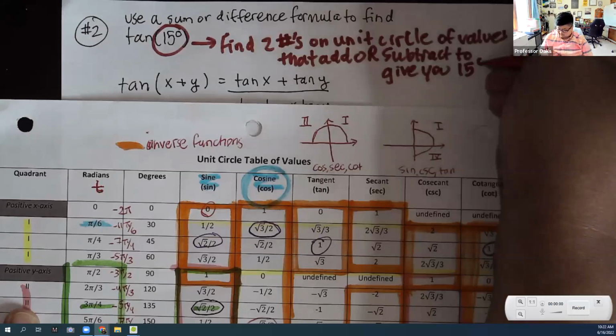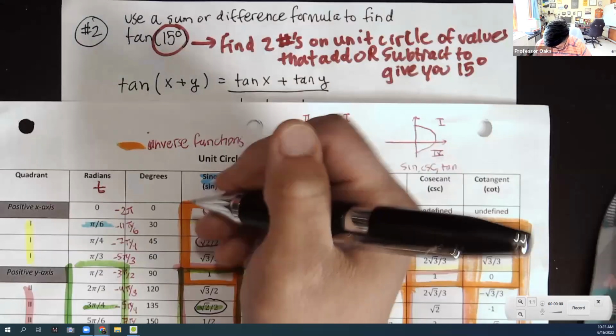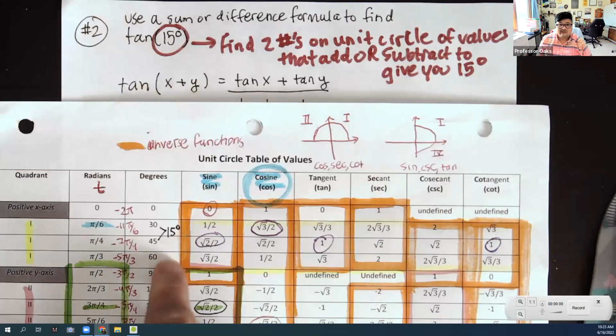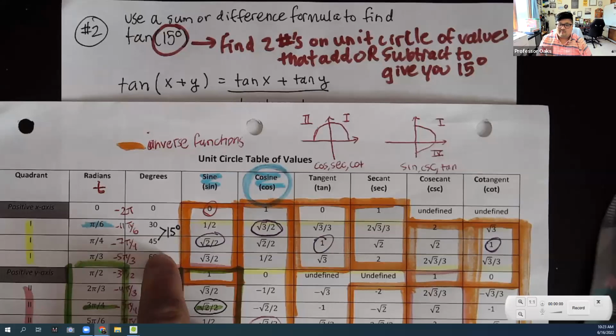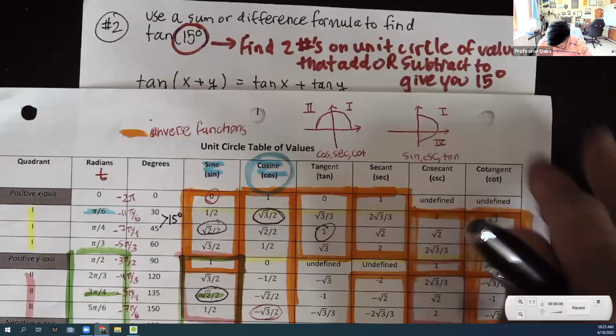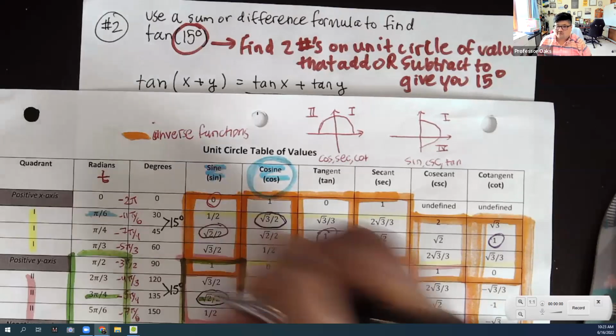All right, so honestly, I don't feel like that's too hard because here's a difference of 15 degrees right here. You can say 45 minus 30 is 15. Or if you want to, you could even do 135 minus 120 is a 15-degree difference.